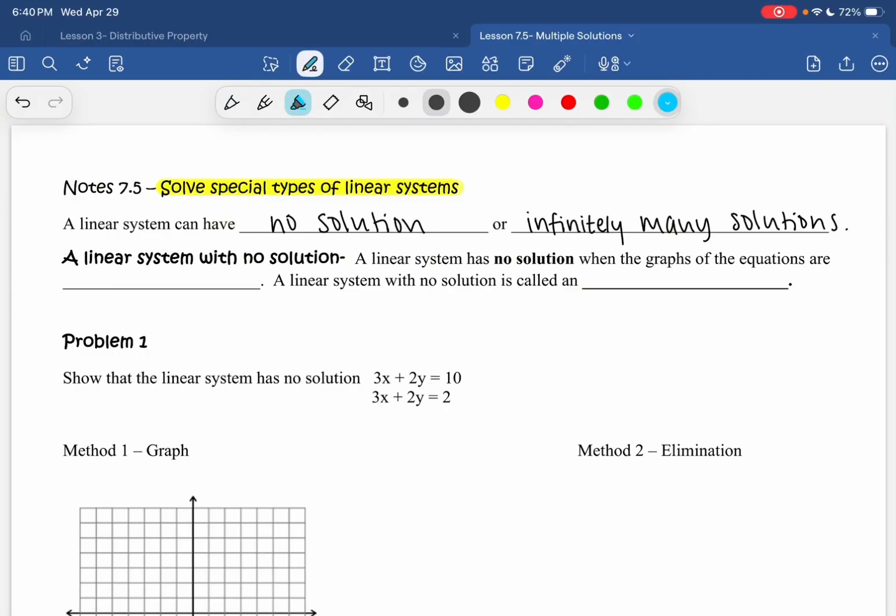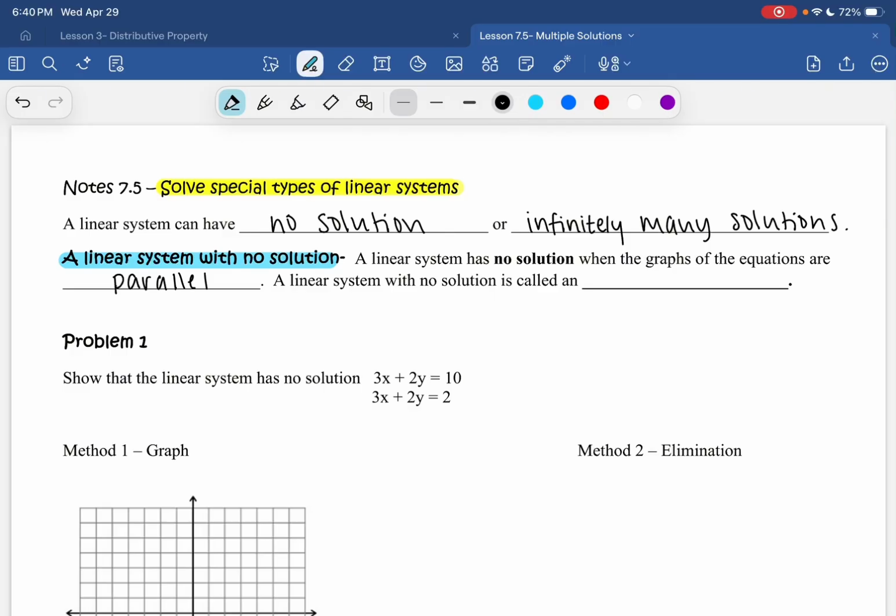So the first one we're going to talk about is when a system has no solution, right? A linear system has no solution when the graphs of the equations are parallel. And that makes sense because if the lines aren't crossing, the lines are parallel.